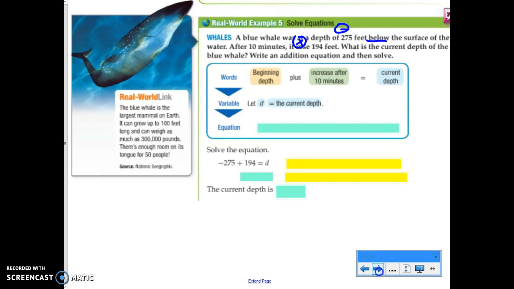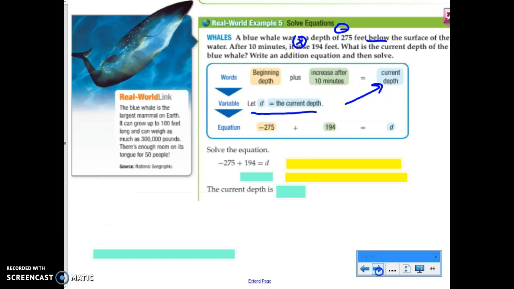So, in words, we need that beginning depth, which was negative 275 feet, plus, well, we're increasing that after 10 minutes, and we're increasing to 194 feet. They're here telling you right now, we're going to let D represent that current depth. So I should have negative 275 plus 194, and then that has to equal D. So to solve that equation, again, I know that I have a negative, I'm adding a positive to it.